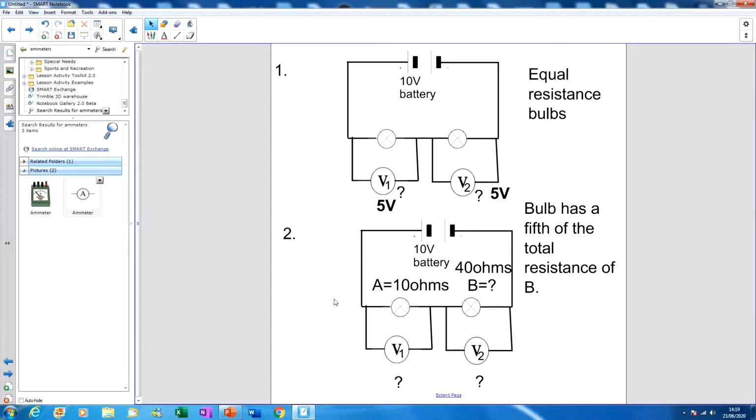So what is 1/5 of 10? Well, 1/5 of 10 is 2. So V1 must be 2 volts.